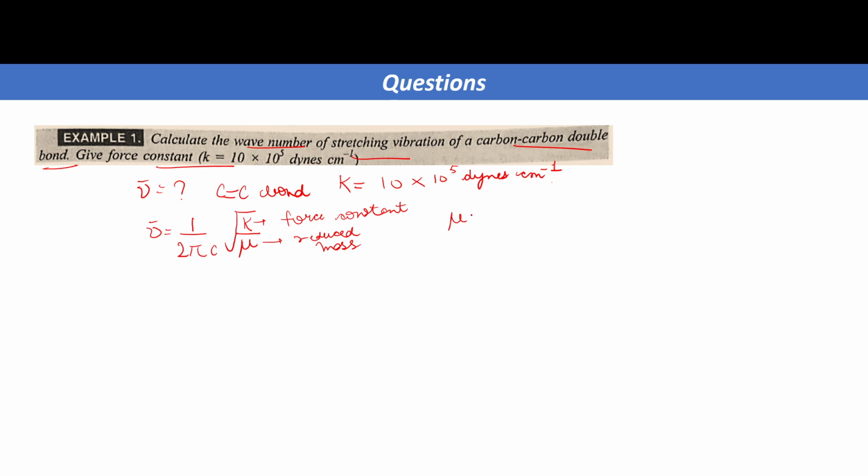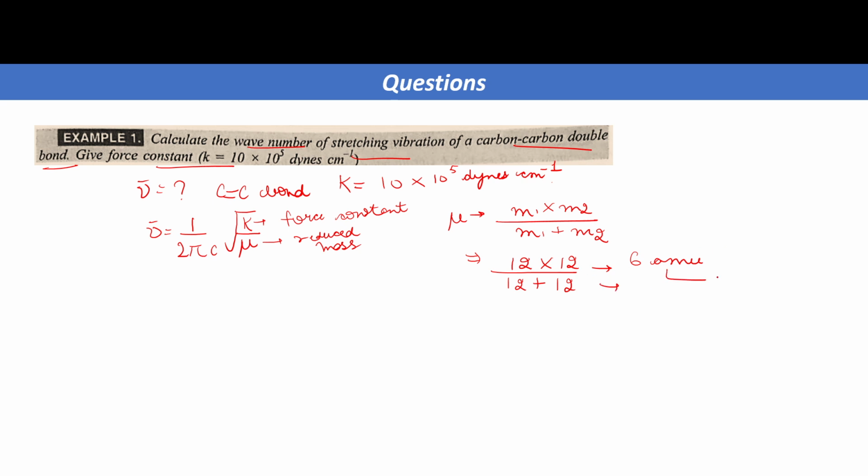How can we calculate mu? It is m1 into m2 divided by m1 plus m2. As both are carbon, the mass of one carbon atom is 12. So it will come out to be 6 AMU.